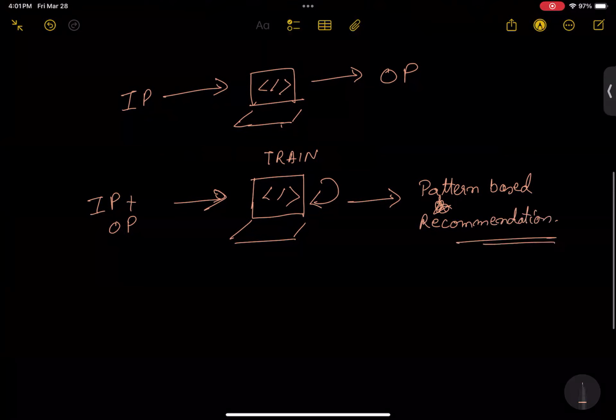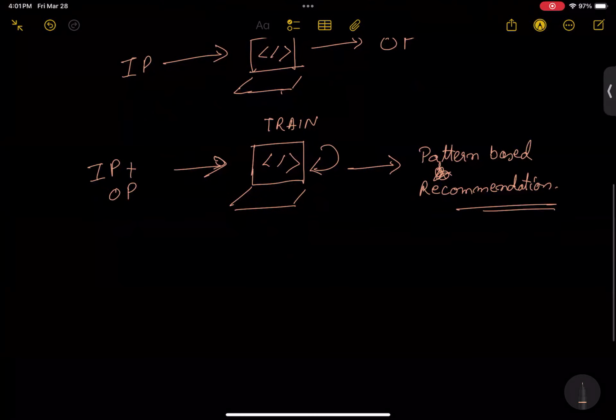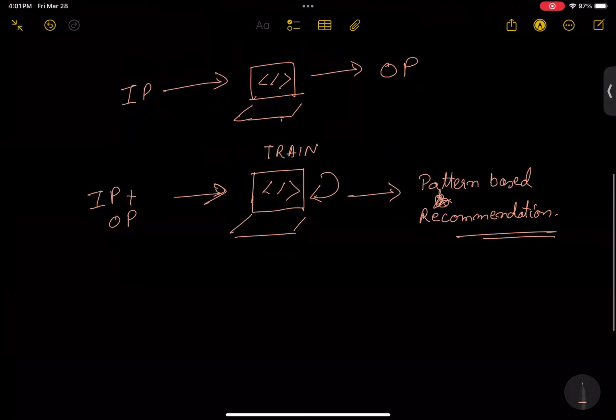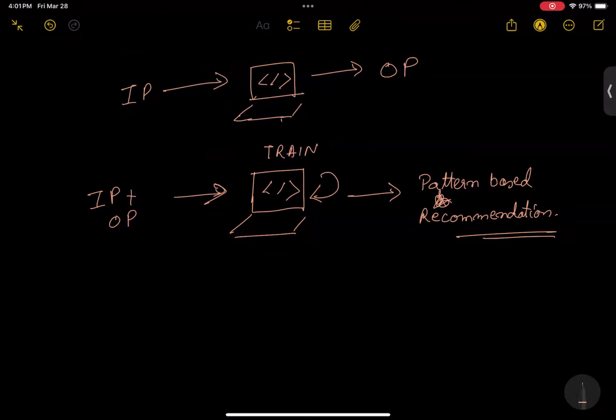You can say this is the behavior of a recommender system, but I'm just speaking in general. So this is the difference between a classical computer programming approach and artificial intelligence algorithms. Any question till now?